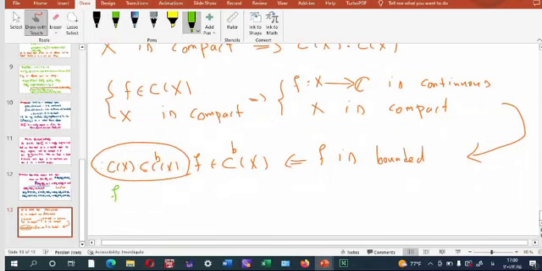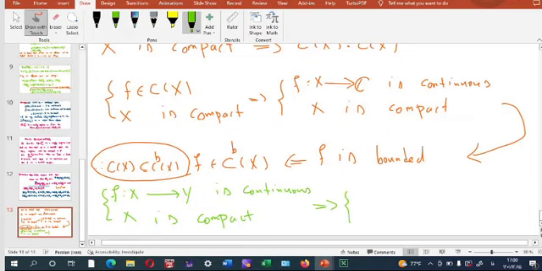Please note that if F from X to Y is continuous and X is compact, then we know that F of X is compact, and we know that any compact set is bounded.